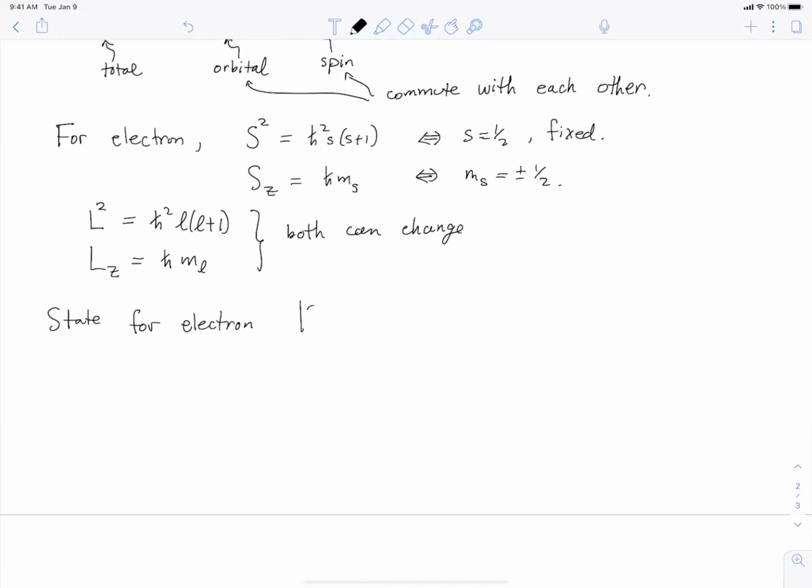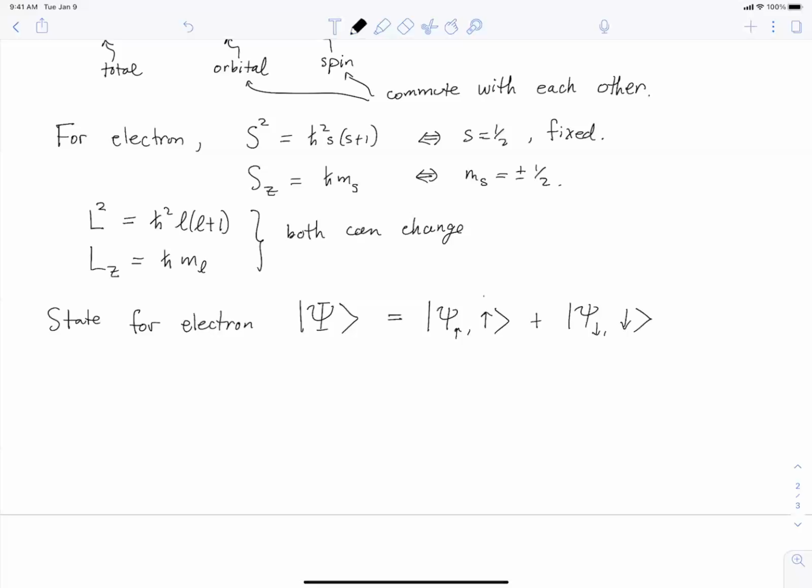And so if we have a ket that's going to describe what the electron state is, I can write an expression for it in the following way: there is a ket that describes it if it happens to have m sub s equals +1/2, and another ket that I'm writing this way, which describes it if its angular momentum spin is m sub s equals -1/2.